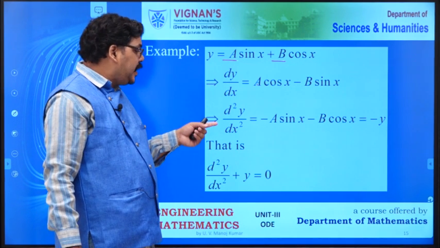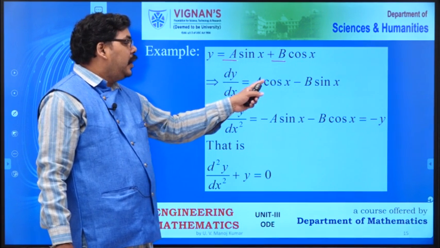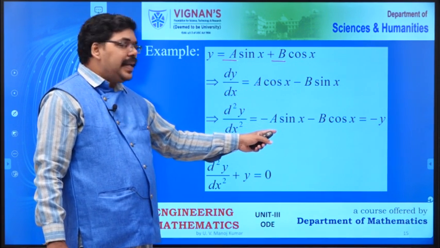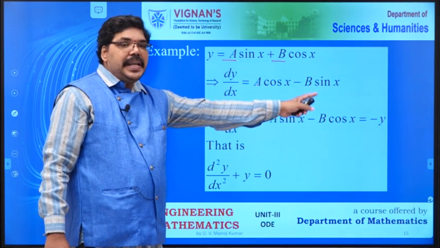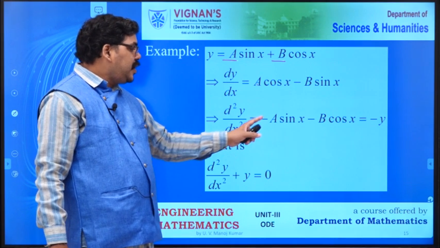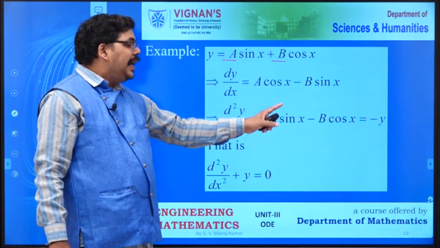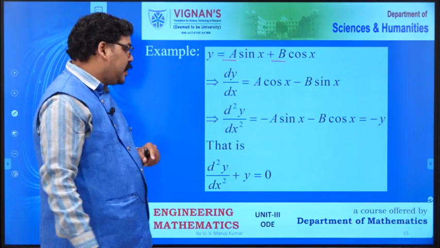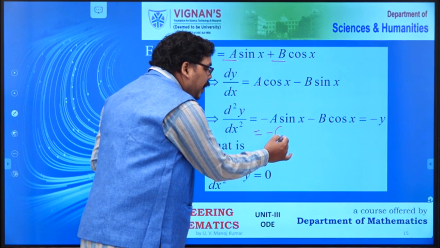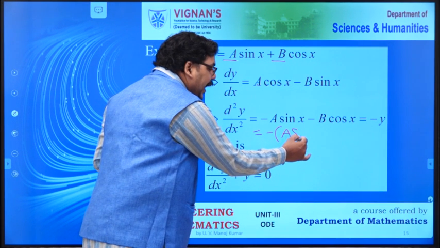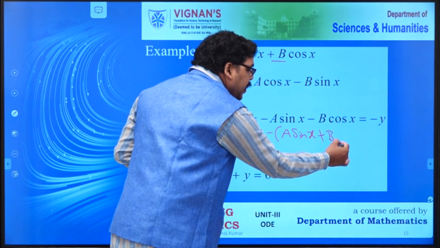So the derivative of dy by dx becomes d square y by dx square equals a into the derivative of cos x, minus sin x, minus, as it is you write, b into the derivative of sin x, cos x. If you take minus common from this, you will get minus of a sin x plus b cos x.